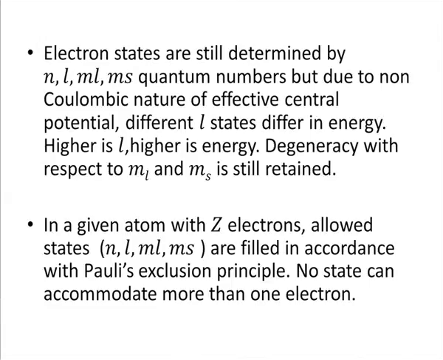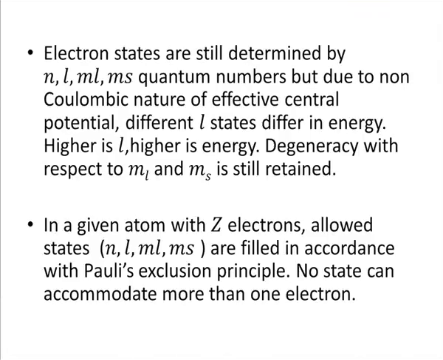Electron states are still determined by n, l, ml, ms quantum numbers, but due to the non-Coulombic nature of the effective central potential, different l states differ in energy. Higher is l, higher is energy. Degeneracy with respect to ml and ms is still retained.